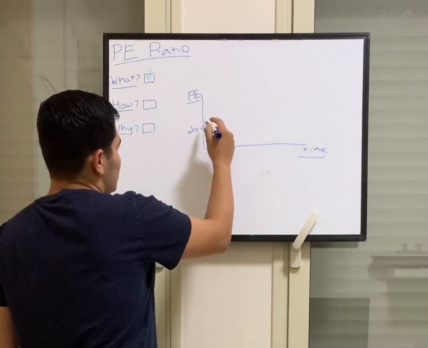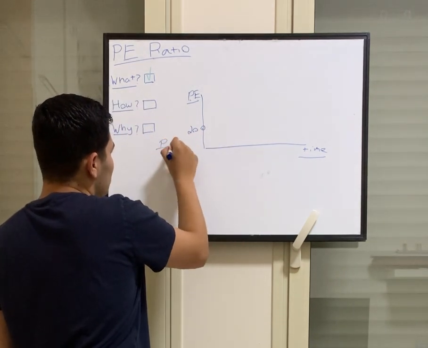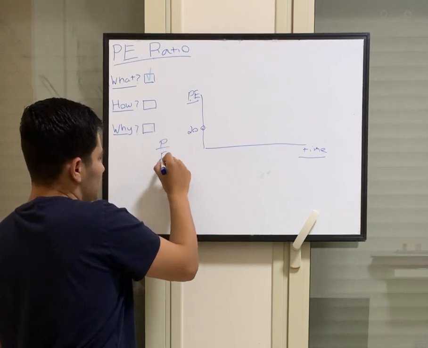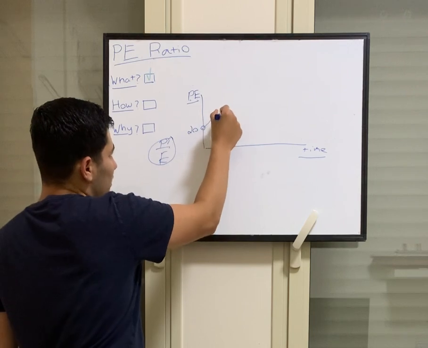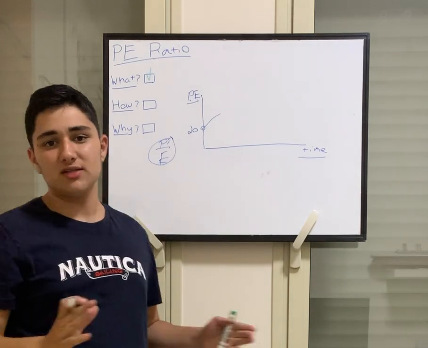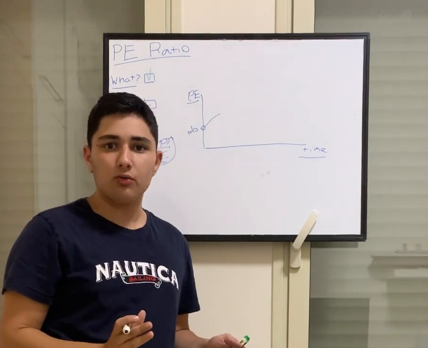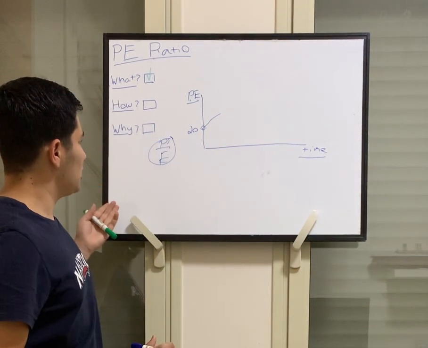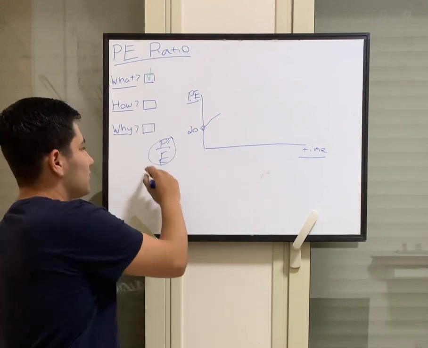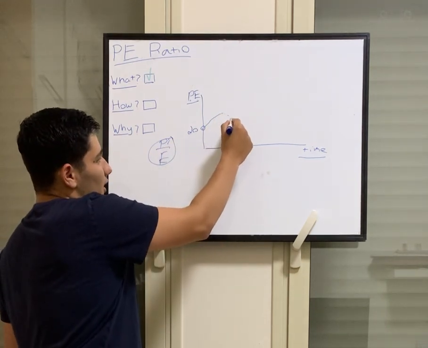So that would mean it would start going up because we have P over E, and when E doesn't change but P goes up, the entire number goes up. So it starts going up. But then they have amazing earnings, and a quarter comes out, and suddenly this number gets bigger over here, the E. That would mean that the entire ratio goes back down.